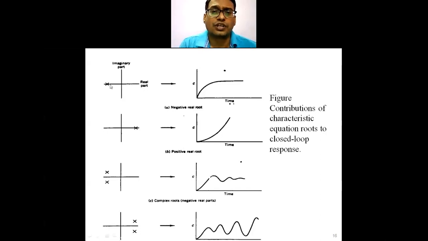If the roots lie on the left hand side, that means the roots of the characteristic equation are negative, then the system is stable. Negative real roots, the system is stable. If the roots are on the positive side, then the system becomes unstable.